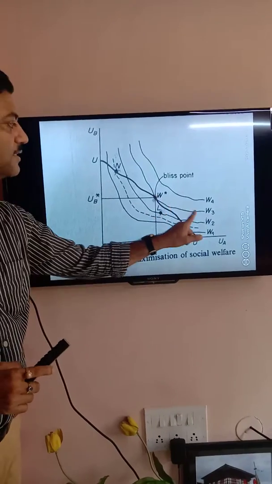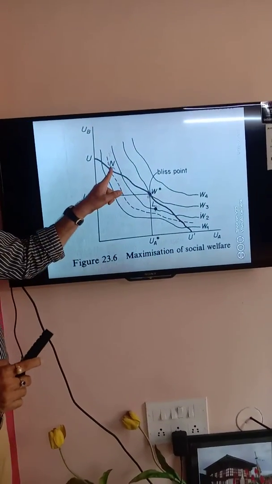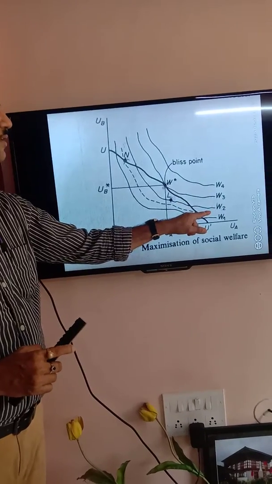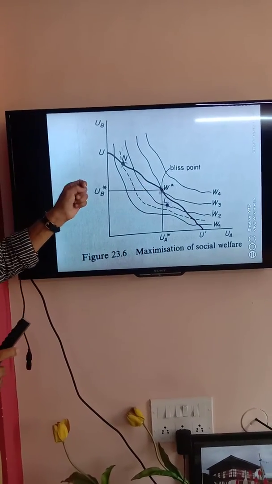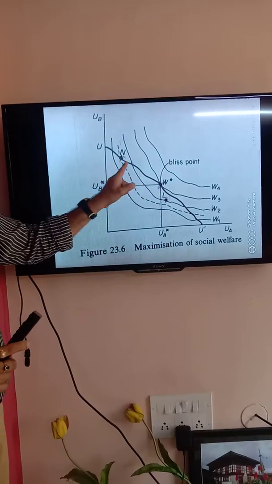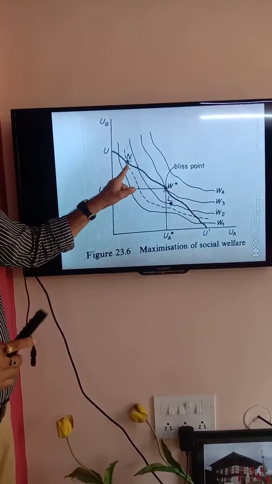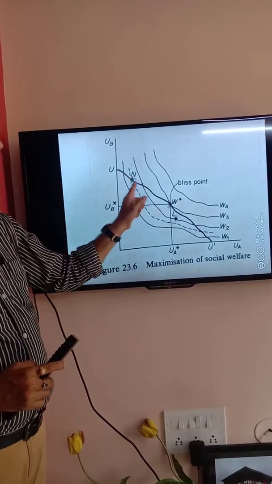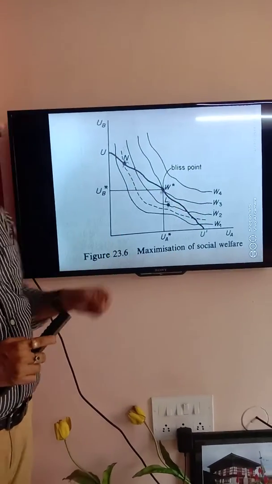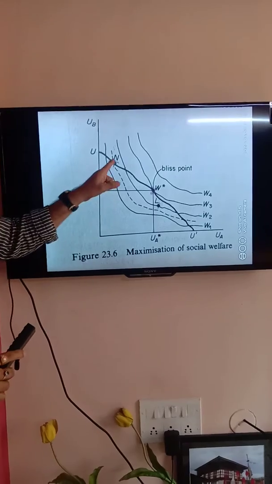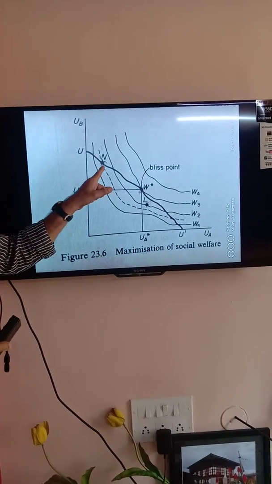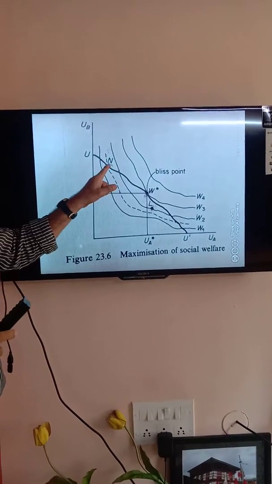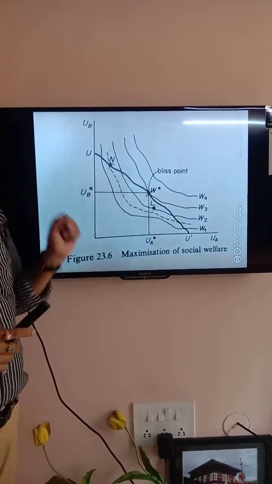W star welfare is W3, but at point N, welfare is below W3. So the important point is both these two points are such points where Pareto optimality conditions are satisfied, because both points are on the same grand utility possibility frontier. But this point, though Pareto optimal, is not representing the welfare maximization point.